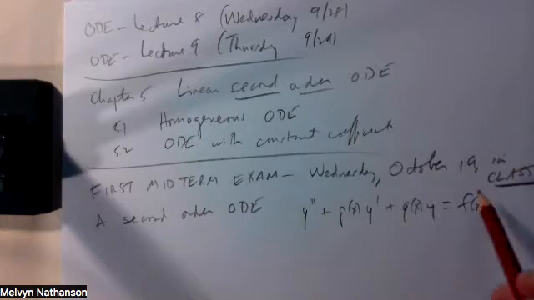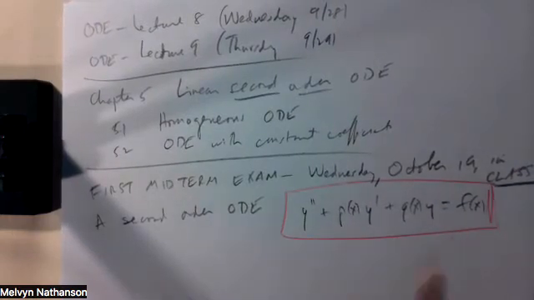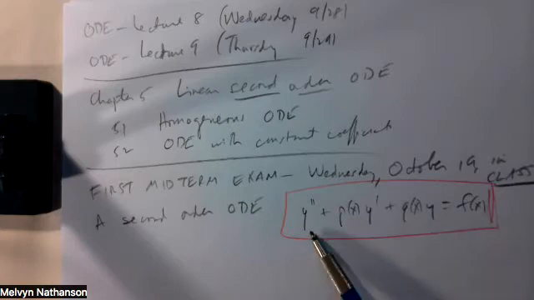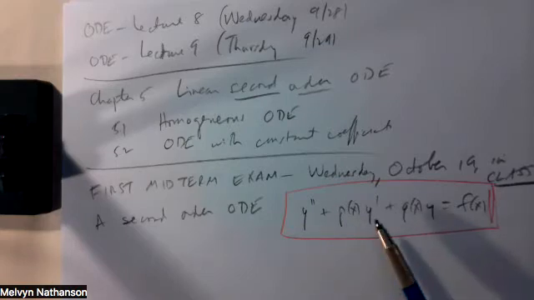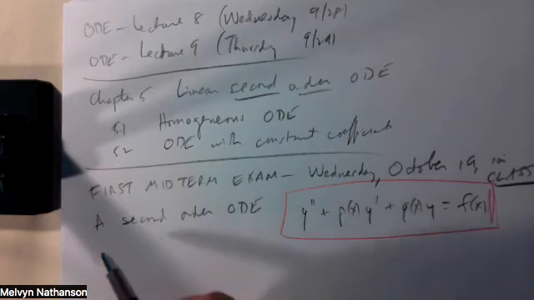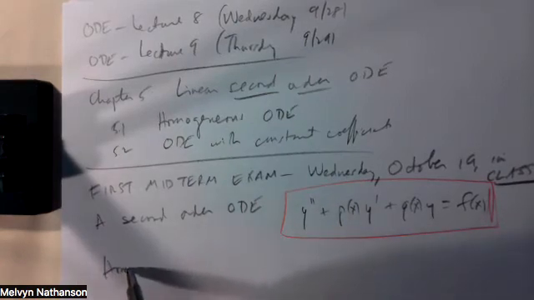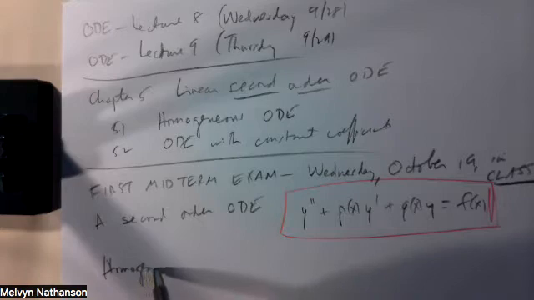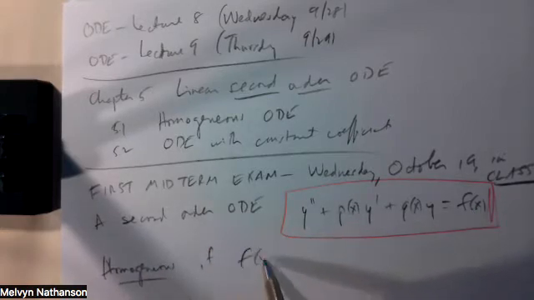So this is a second order linear ordinary differential equation. And this equation is homogeneous as usual if the right-hand side is 0.